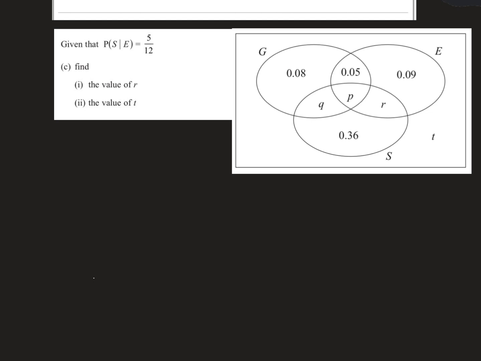Now we come to a problem which is about conditional probability. What makes this a conditional probability? Event S and event E. In short, we just read this as the probability of S given E. And the longer version is it's the probability of event S given that event E has occurred.